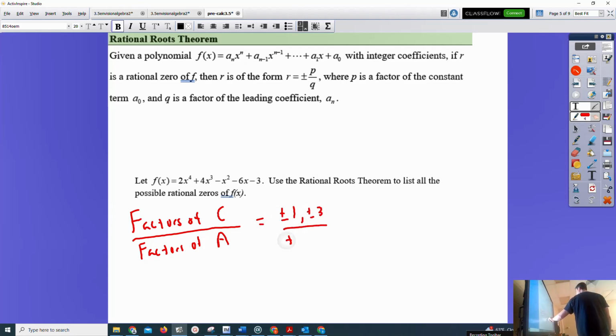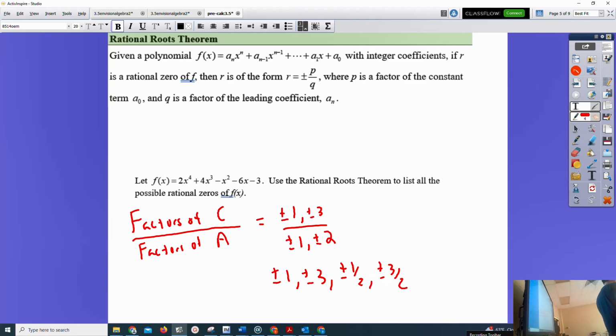And a is 2, plus or minus 1, plus or minus 2. If this thing has a rational real zero, it's in that list. If you wrote this out, you'd have plus or minus 1, plus or minus 3, plus or minus 1/2, plus or minus 3/2. That's right. So you've got 8 choices to make if you do synthetic division.